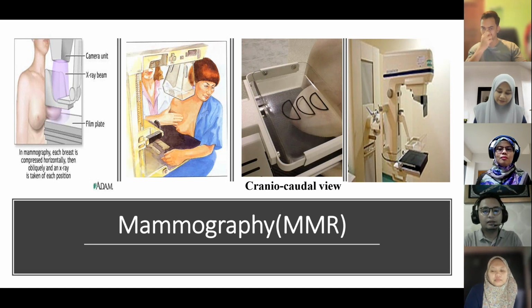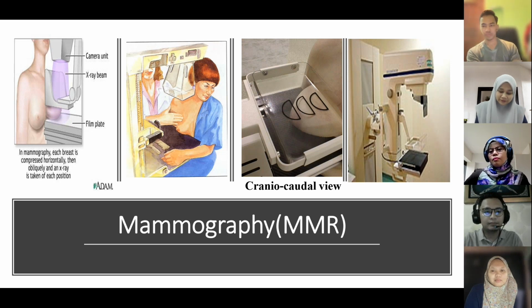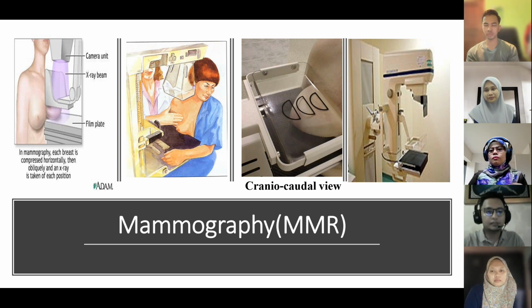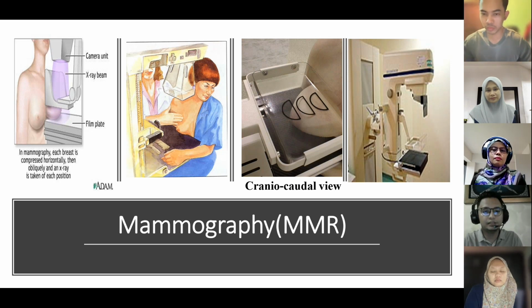Okay, for MMR, mammography, it is the gold standard for breast cancer. MMR is a procedure in which each breast is compressed by the tools, as we can see in this picture.